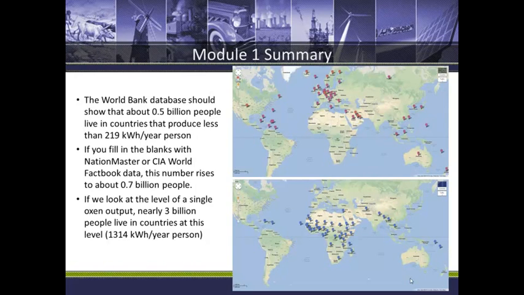So that represents that. Now, what do we have in this picture over here? The top picture with the red flags are the high energy using countries of the world. You can see things like, what's that very tip of Malaysia? I think that's Singapore. So as an island nation, it's a very energy intensive country. And you can see Australia's picked, the United States picked, all of Northern Europe, and most of the oil exporting countries are picked.